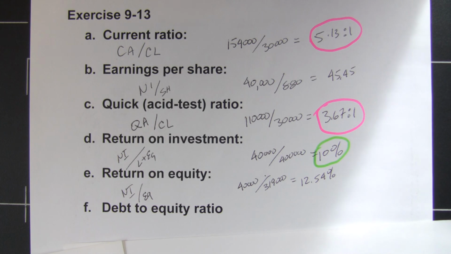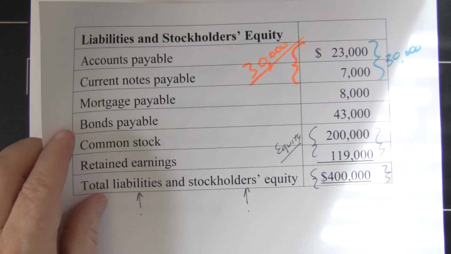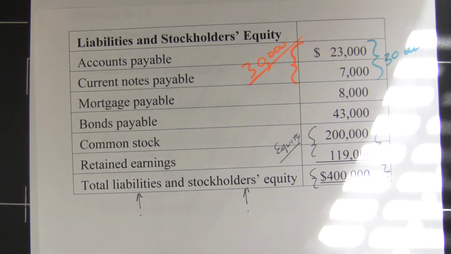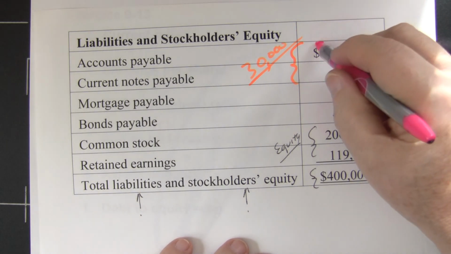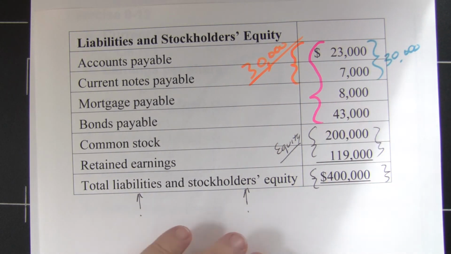Now, the last number we need to talk about is the debt to equity ratio. So let's take a look at our debt. We're going to get that from our income statement. And our total debt is all of that. That's our debt.